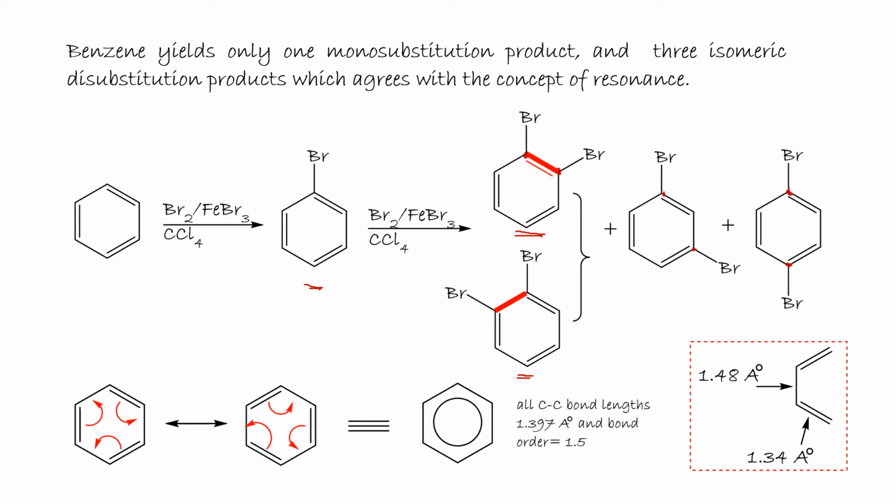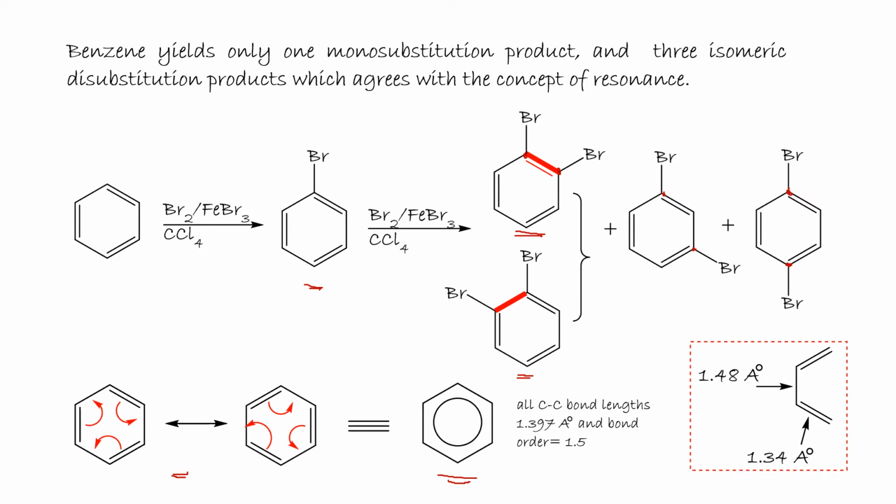This again supports the resonance structure, which is this one, and the carbon-carbon bond is not a double bond and not a single bond, and we can see that in X-ray analysis.